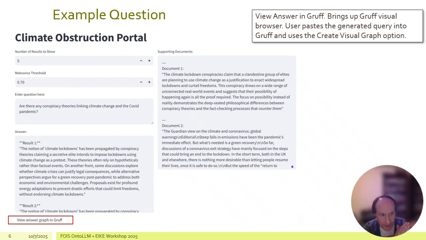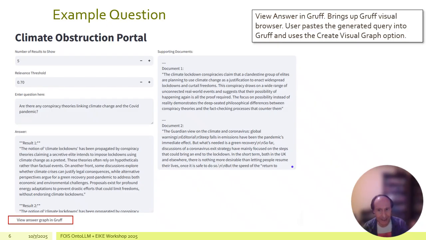So then the next step, remember, is okay. You can see the answer that there was something called the climate lockdown conspiracy. I won't go into it, but it is very interesting.